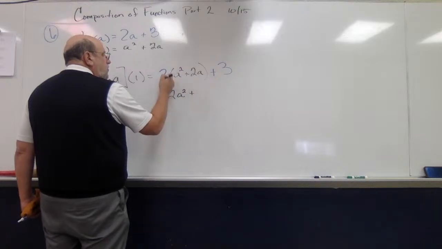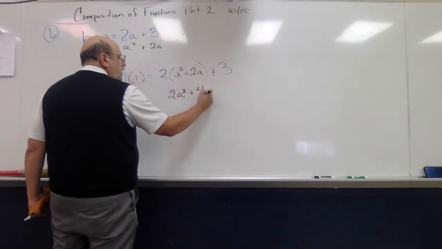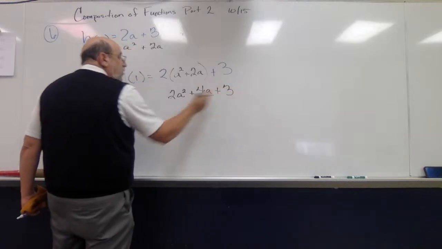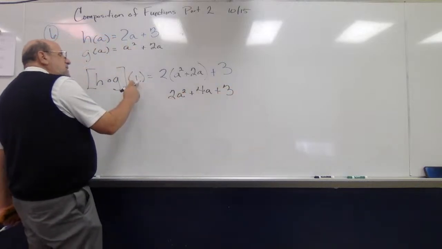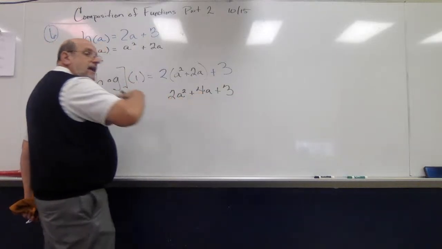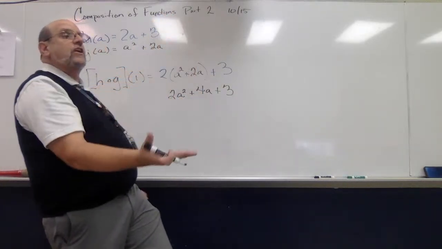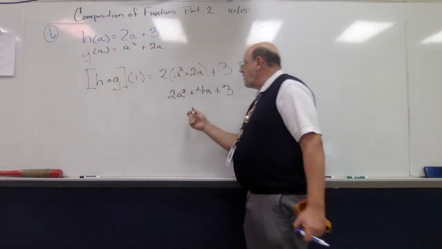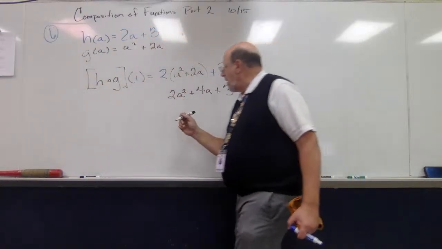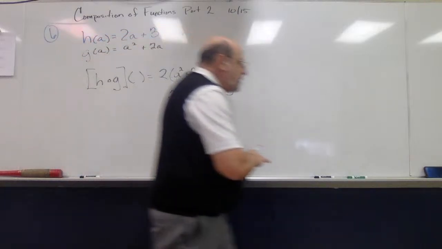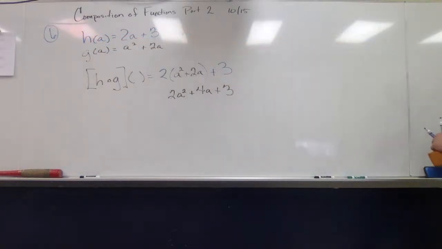What's 2 times 2a? 4a. And then just plus 3. So we're done right now, except it says now stick a 1 in for a and then do the math, and you get a real number out. Does that make sense? Yep. We good? Yes, sir. Right on.